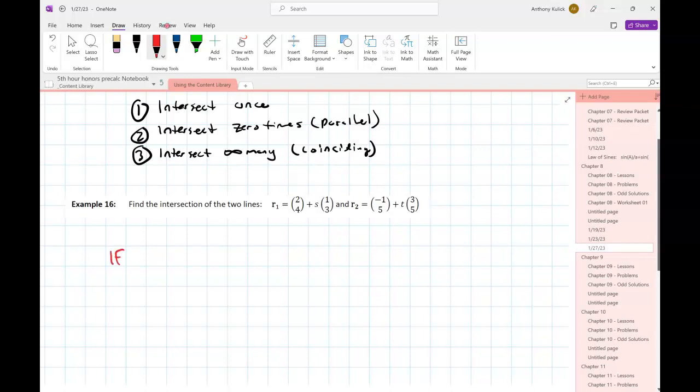if R1 and R2 intersect, there would be some point xy that lies on both lines, right?